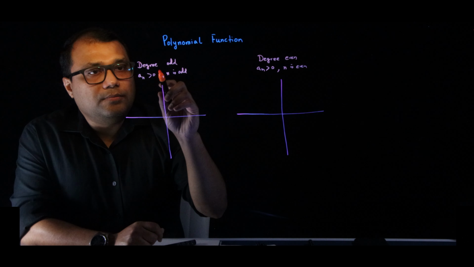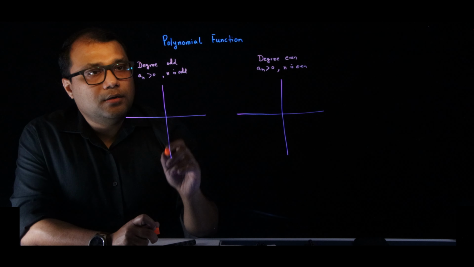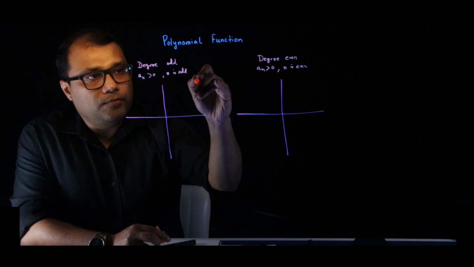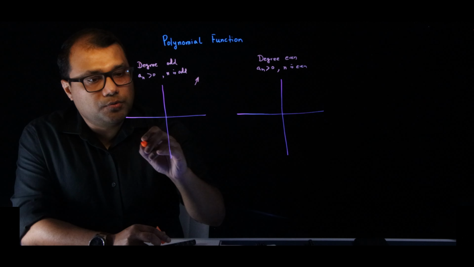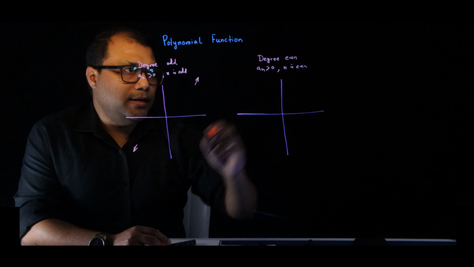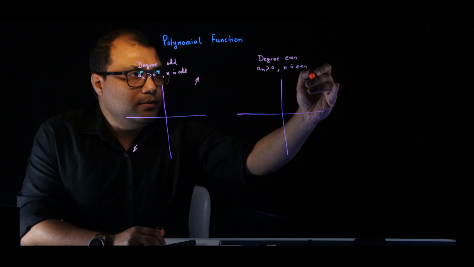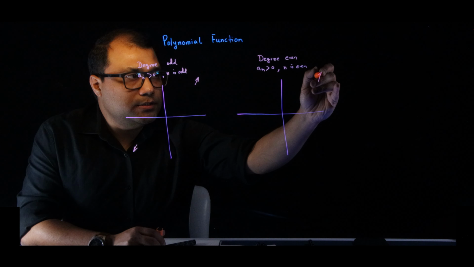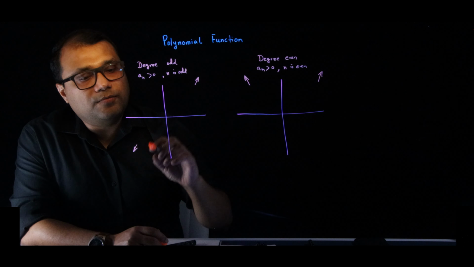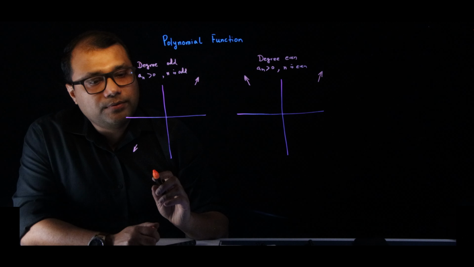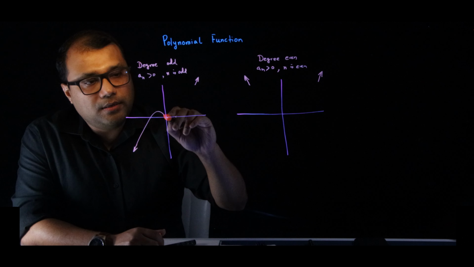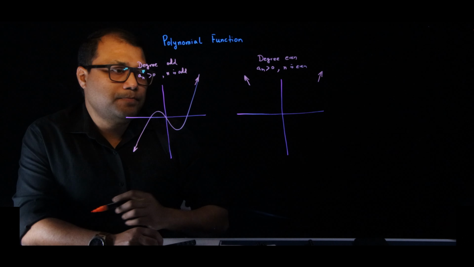So a polynomial of degree odd, with leading coefficient greater than 0, will always end up in this quadrant and this quadrant. And a polynomial of degree even, leading coefficient greater than 0, will end up like this. Depending on the value of n, it might have certain real roots or imaginary roots, but mostly the curve will be somewhat like this.